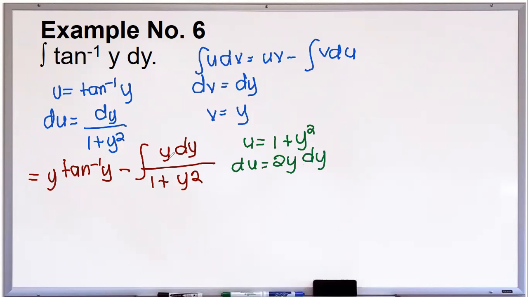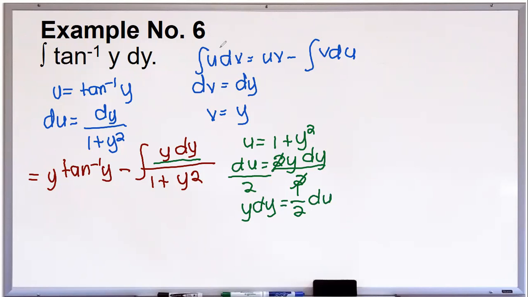The problem is, in the given y dy. But here, it's 2y dy. What are you going to do? We divide it both sides by 2. 2 here is cancelled out. So matira is y dy. So ang y dy mo ngayon, which is equal to 1/2 of du.